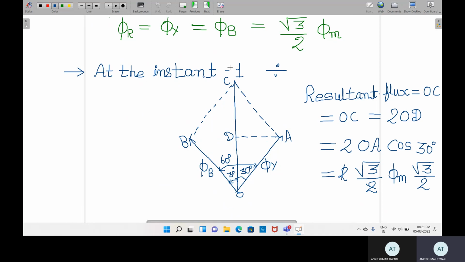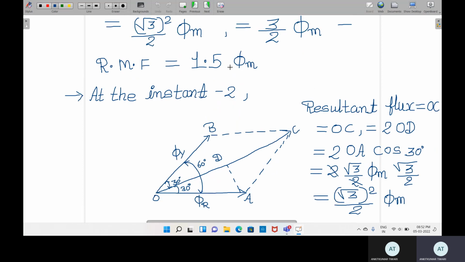But if we observe the instant 2, your flux has been shifted 60 degree. Suppose this is 90 degree. So this is 30. So 30 plus 30, 60 degree. From this angle, it is around 60 degree.